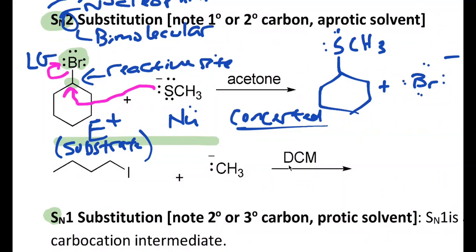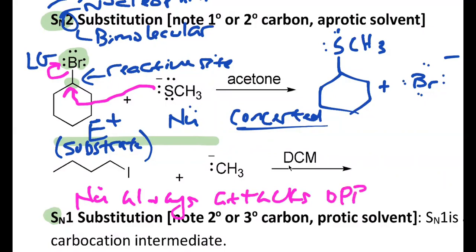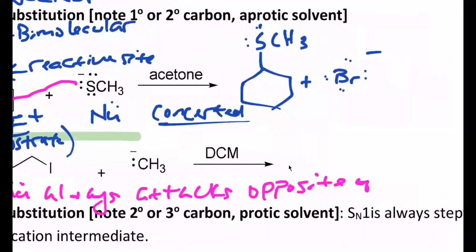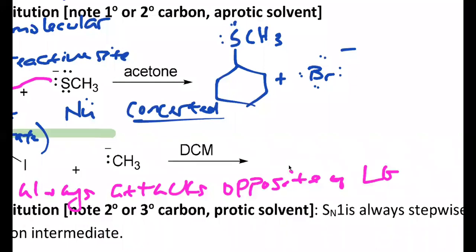The thing about the SN2 is that the nucleophile is always going to come from the opposite side of where your leaving group is. Always comes opposite of the leaving group, but it's happening at the same time.